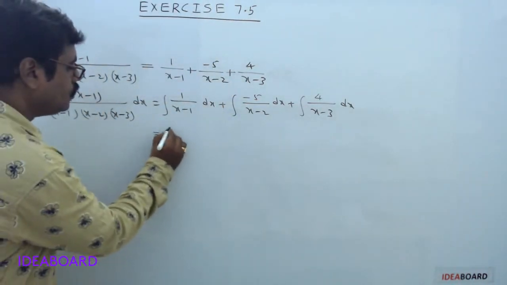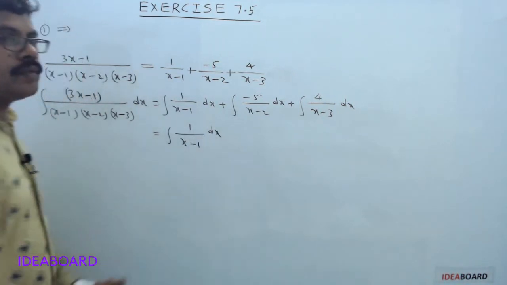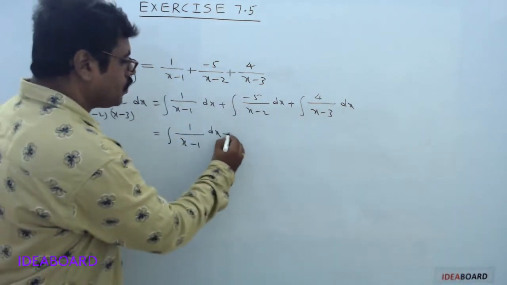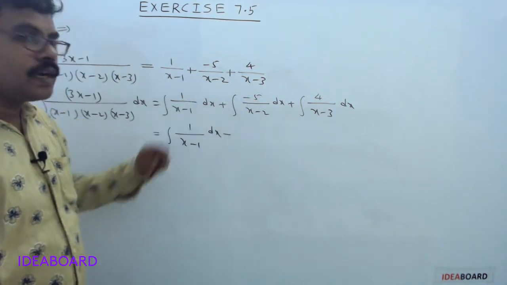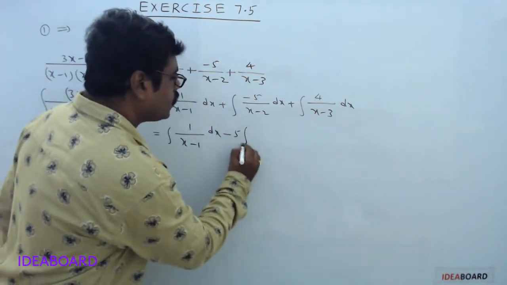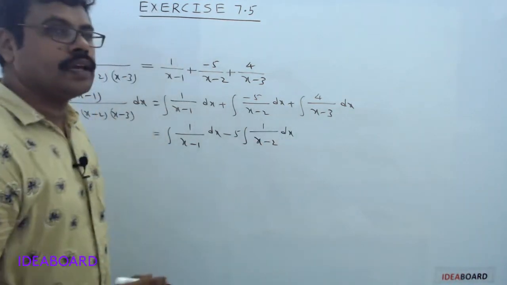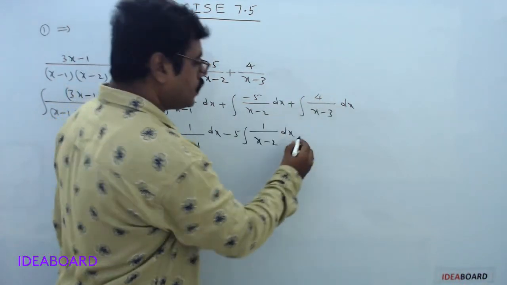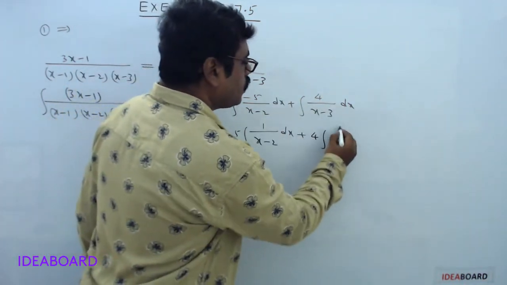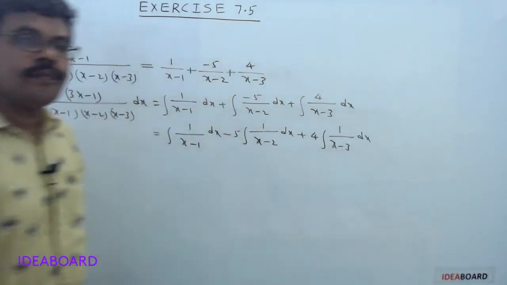Now this is equal to integral 1 divided by x minus 1 dx. Here plus into minus, minus 5 is the constant term. You can take it outside of the integral. Minus 5 into integral 1 divided by x minus 2 dx. 4 is a constant term. You can take it outside of the integral. Plus 4 into integral 1 by x minus 3 dx.